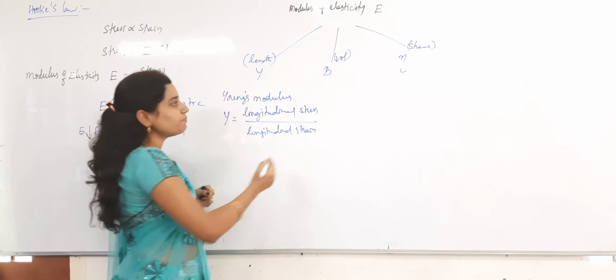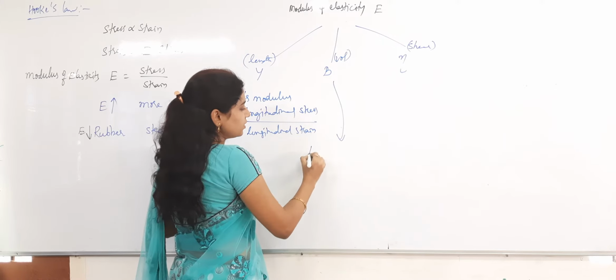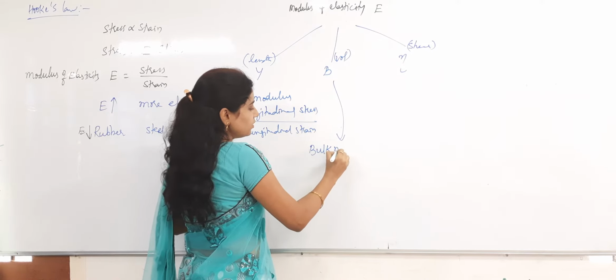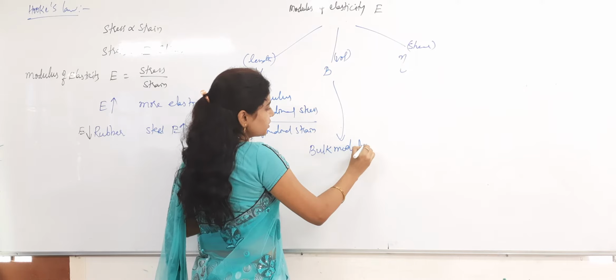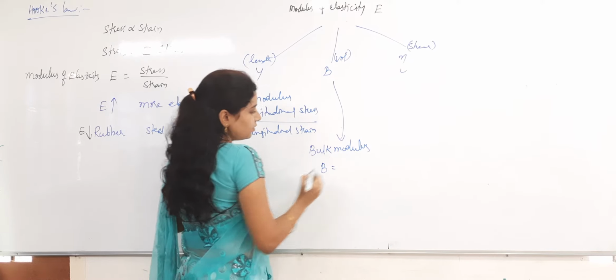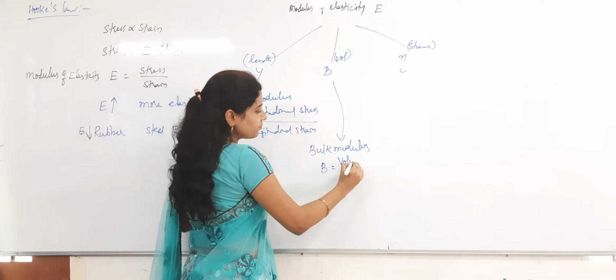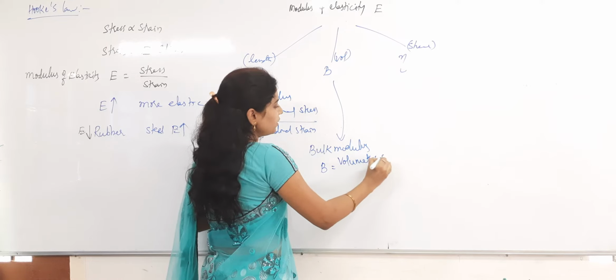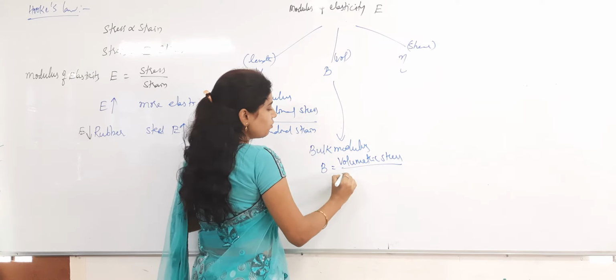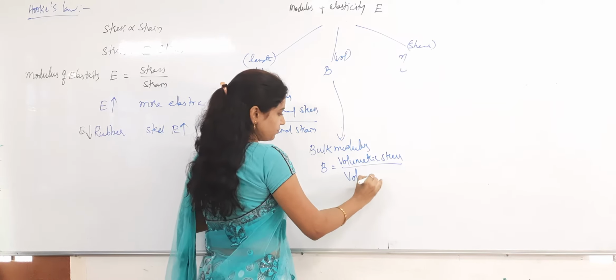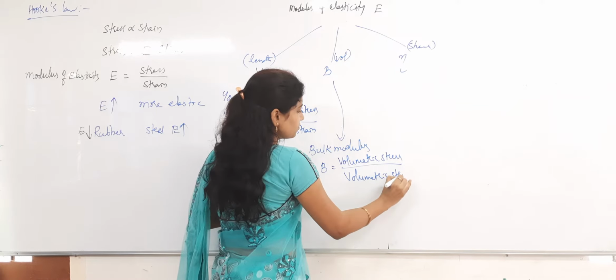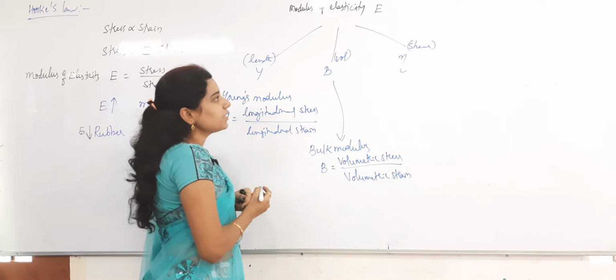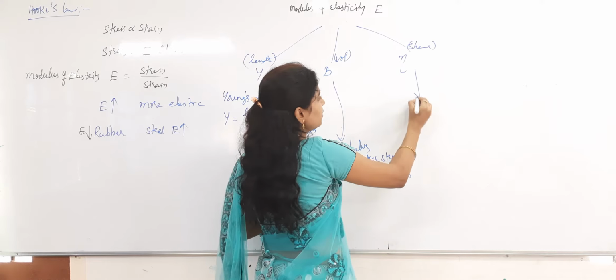Next, whenever you see the bulk modulus, B means here bulk modulus. So what is stress and then what strain you will get? Volumetric stress divided by volumetric strain. Then in case of shear or tangential, what we call it as?